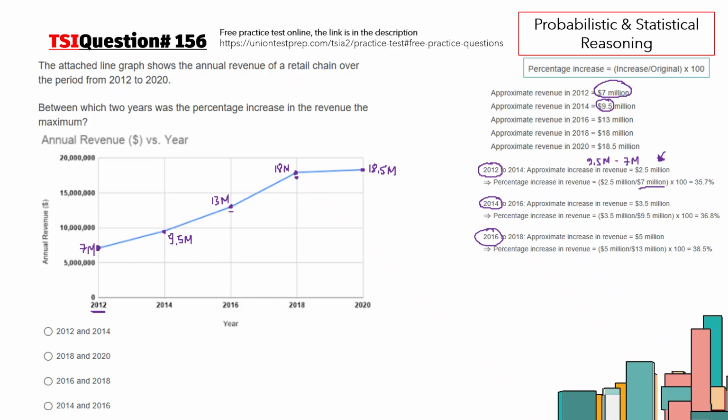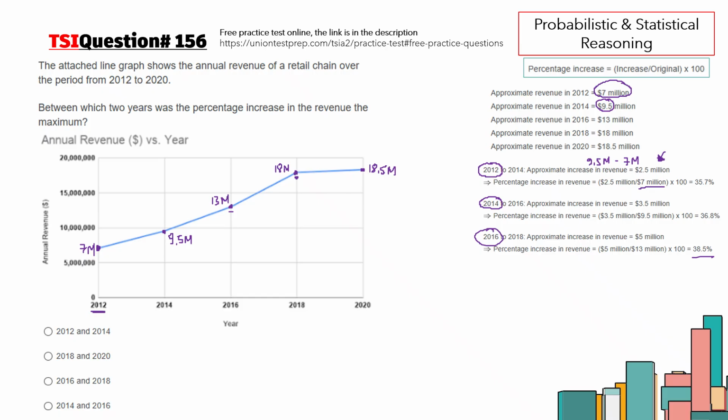And after you calculate, you get that 2016 to 2018 is the maximum percentage increase in the revenue.